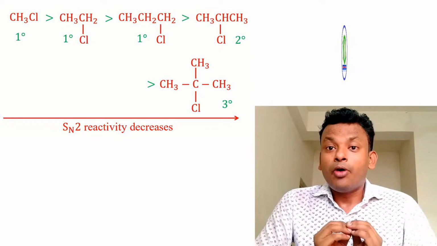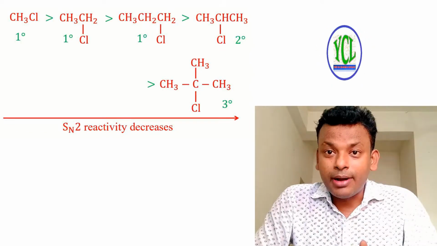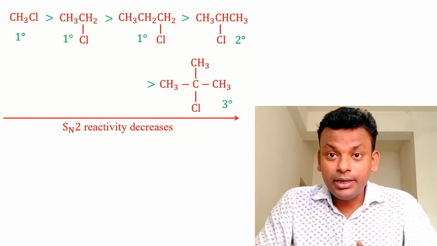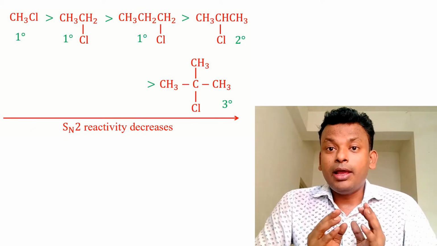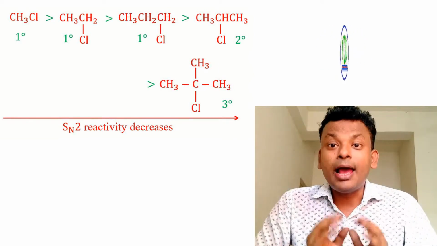That means for SN2 reaction a 1 degree halide is most favorable, then 2 degree, then 3 degree. SN2 reaction is always favorable for 1 degree alkyl halide.